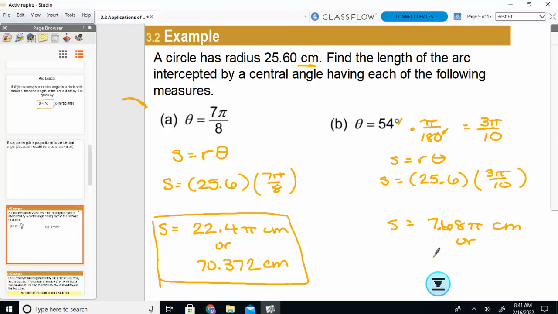Depending on how you choose to answer it, you don't have to give me both of these, just one of them. You could have 7.68 pi or 24.127 centimeters. Is this okay so far?